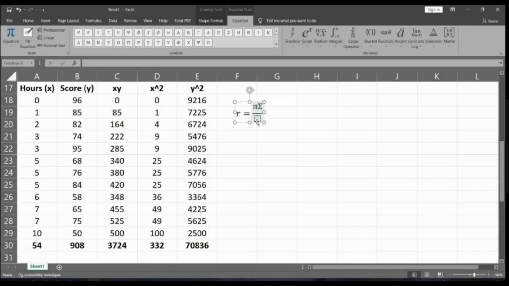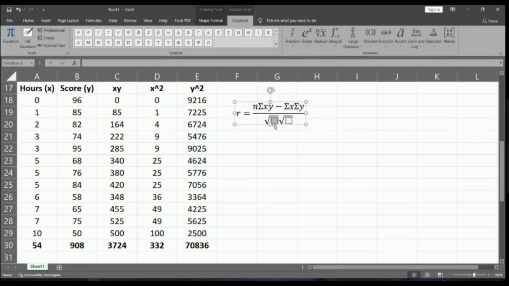So we have n times summation of xy minus summation of x times summation of y all over square root. Actually, there were two square roots there, no? So, lagyan ko na ng isa.